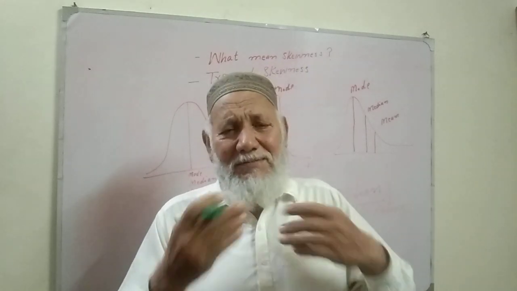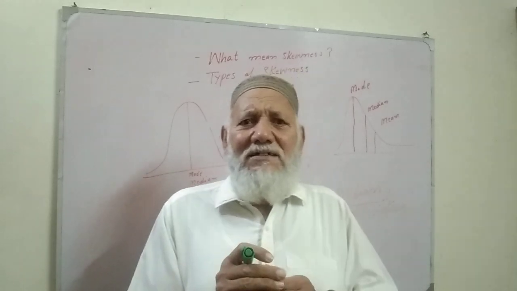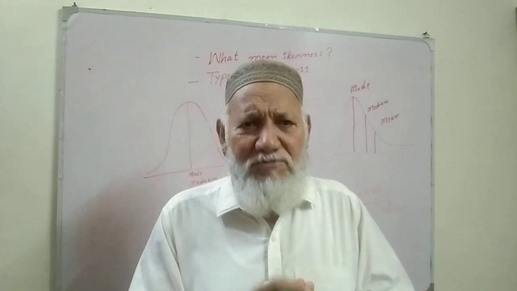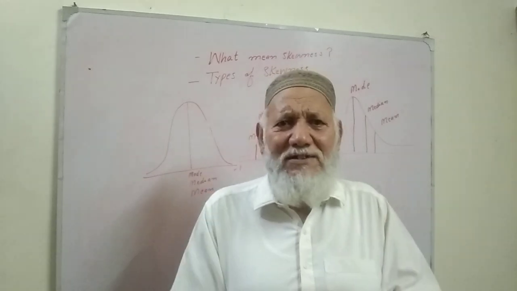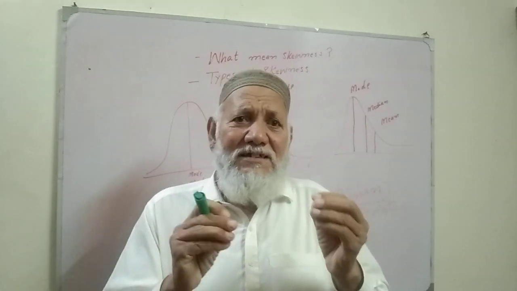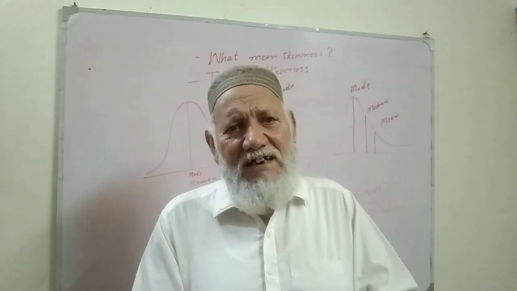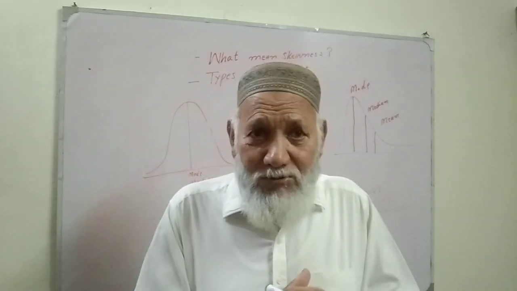For the normal distribution, one assumption is that the data will be symmetrically distributed. The second assumption is that the mean, median and mode coincide at one point. They are the same and equal.